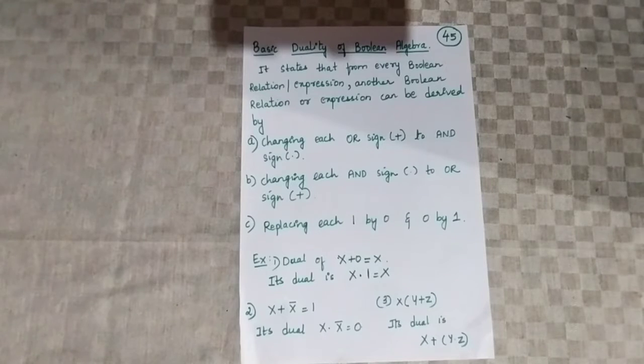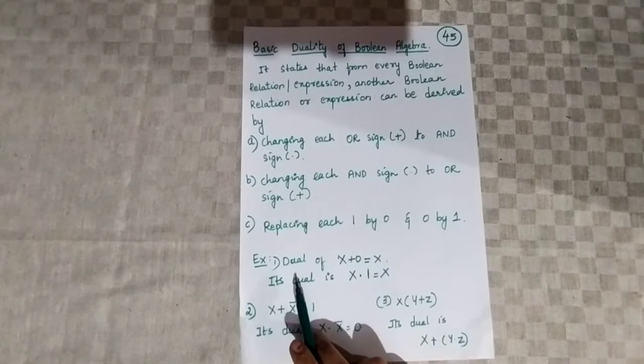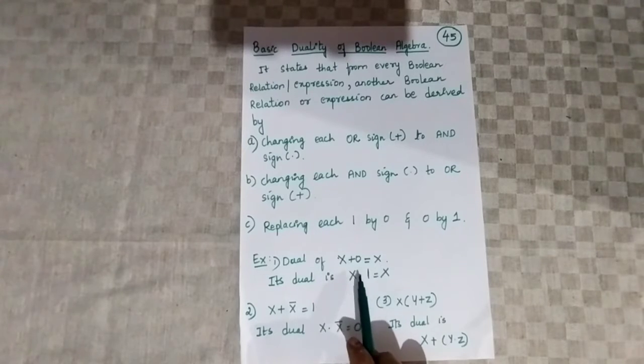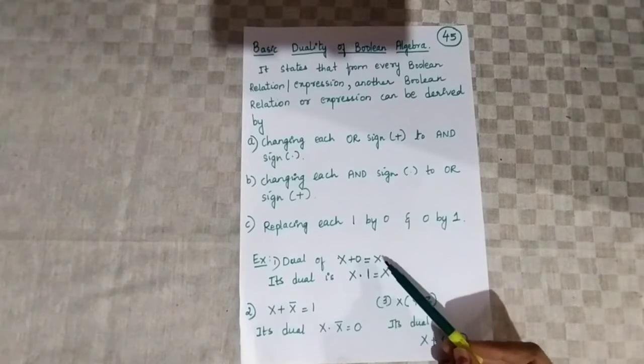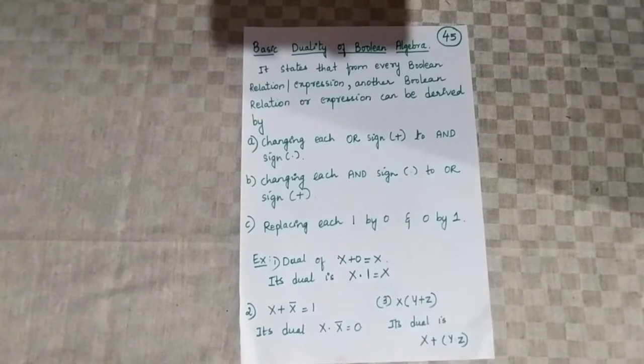So let's see, taking the Boolean expression. Here is the first example. X plus 0 results in X. Now I have to change this Boolean expression into its dual form. So what are the rules? I have to change plus to dot, that is OR sign to AND sign, replace 1 by 0 and 0 by 1.